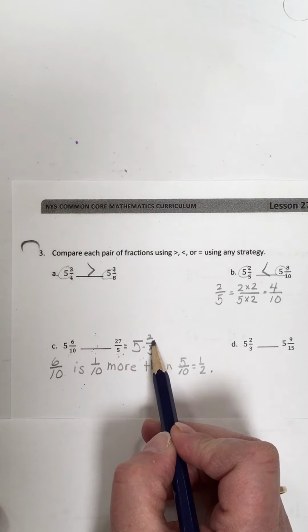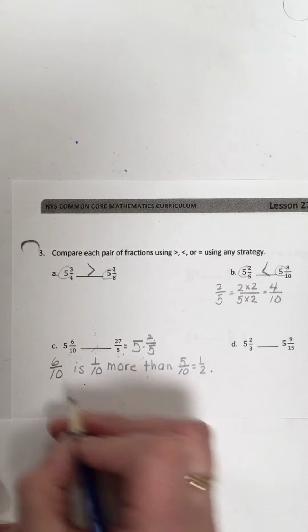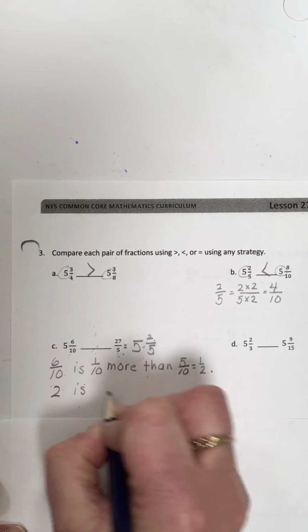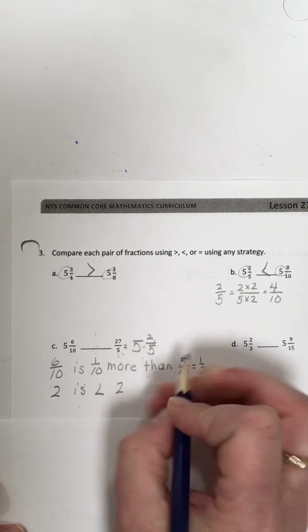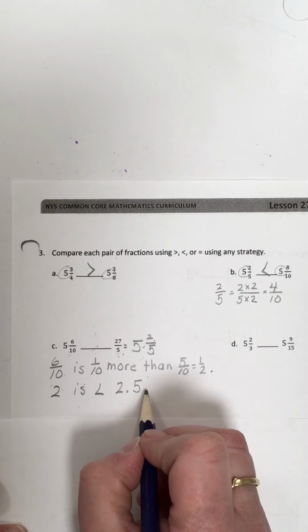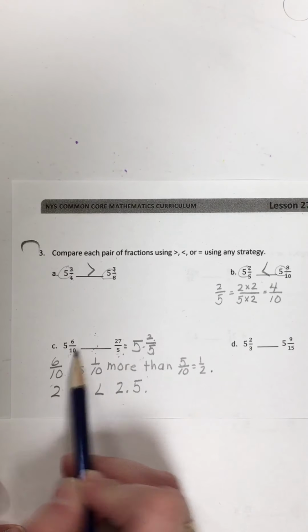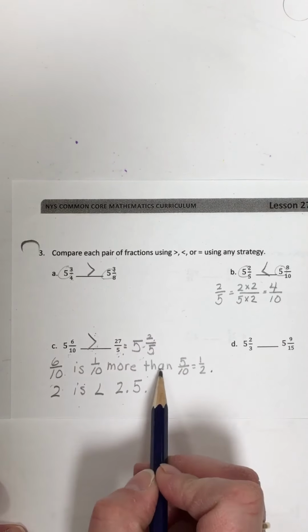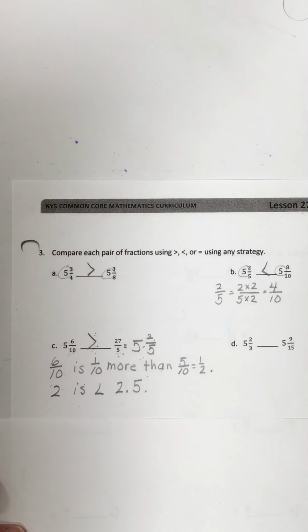But 2 is definitely smaller than 2 1/2, and we can show 2.5 as 0.5. So that would make 5 6/10 greater because the 6/10 is more than half. Little thinking involved in that one.